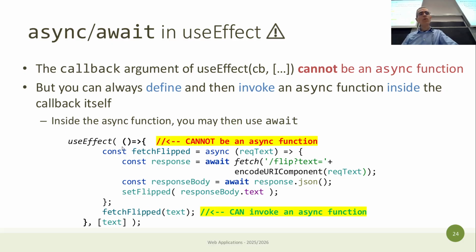Couldn't we just write open the bracket, async, open, closed, arrow, and so on? No, unfortunately not, okay? That's a sort of small limitation of the useEffect hook. You cannot pass an async function directly, okay? So, you need a reference to a function, because the function has to be called later.